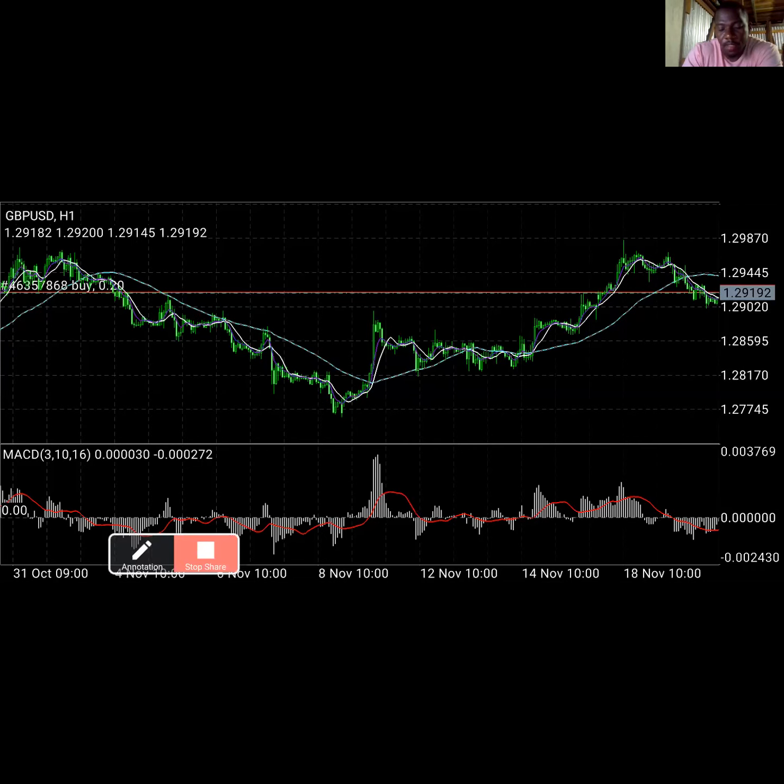If I wanted to close half my position, I would hold down and swipe to my left. This is on Android, right? Then I would hit the little circle with the tick, and at the bottom you see close with profit.